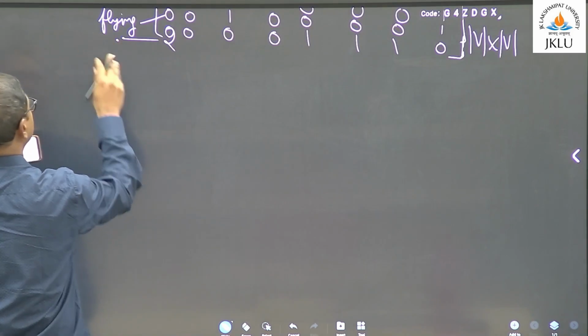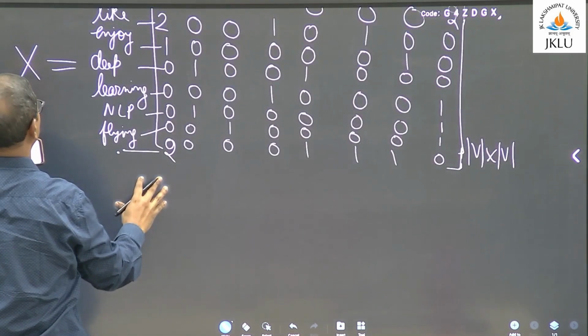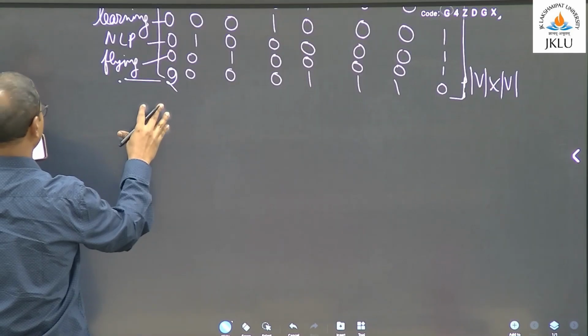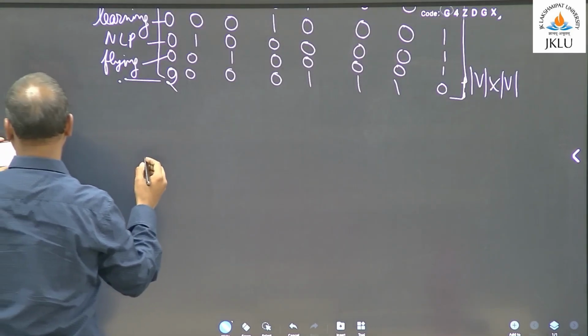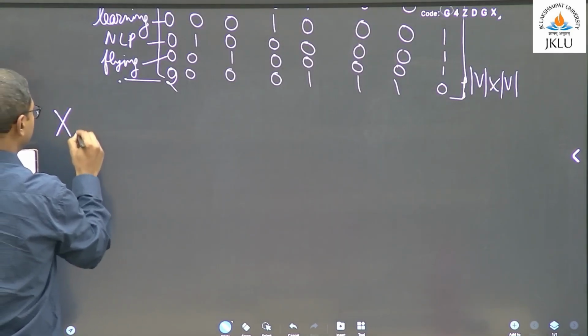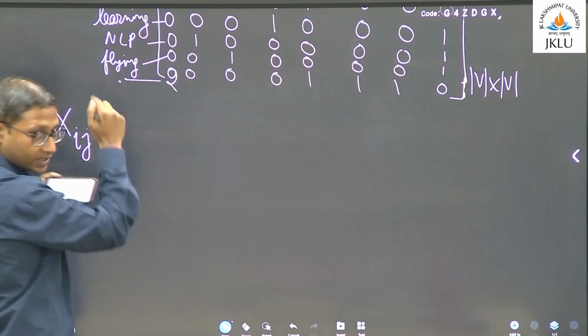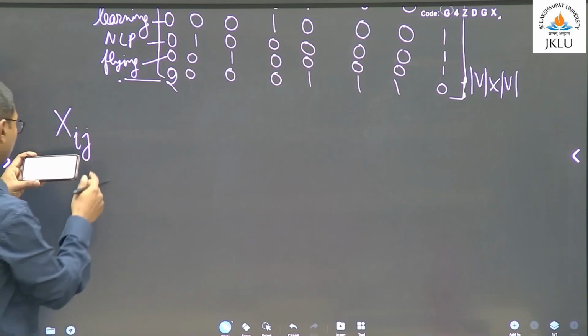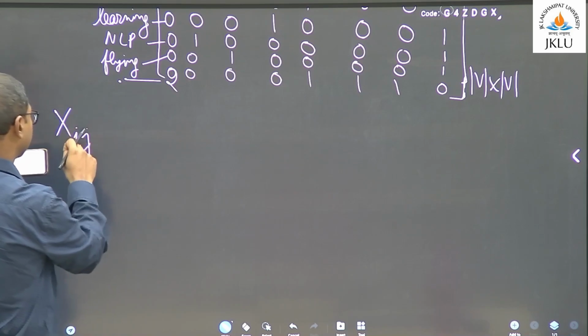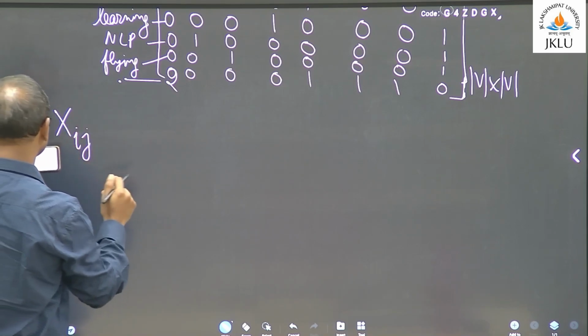So this X is our co-occurrence matrix. Now what is Xij in this matrix? There is an entry in this matrix corresponding to the ith row and jth column.